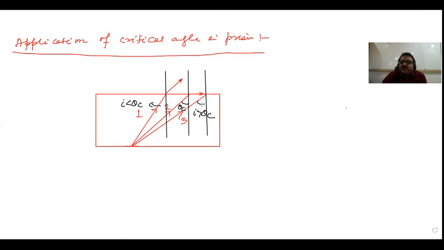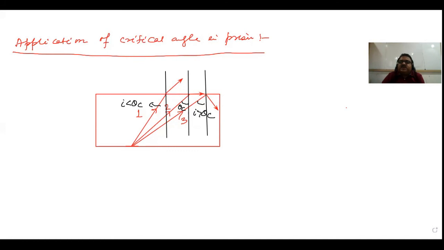And since this is more than critical angle, in this case total internal reflection will take place. So this is the technique of completing the diagram. Correct? You will get more diagrams of this type, and you have to proceed like this. Now the topic is how to apply the concept of critical angle in drawing diagrams related to prism. Clear?